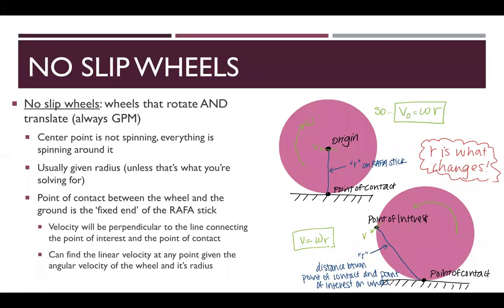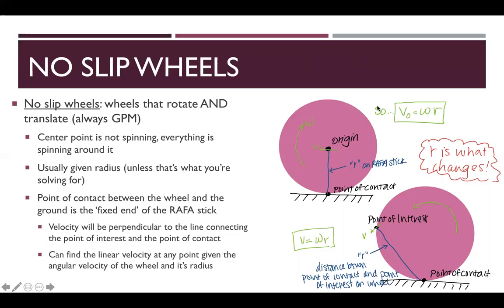The only other new thing for this lesson is the introduction of no slip wheels. No slip wheels are wheels that cause motion. If this thing is rolling this way, this point is rotating, so it's not just stationary, it's not doing a burnout.